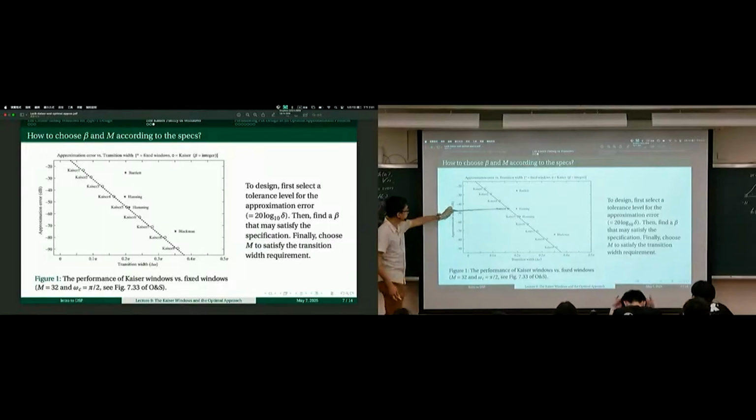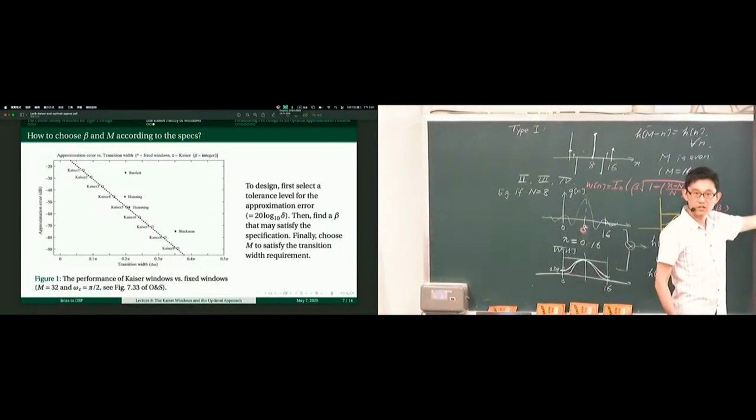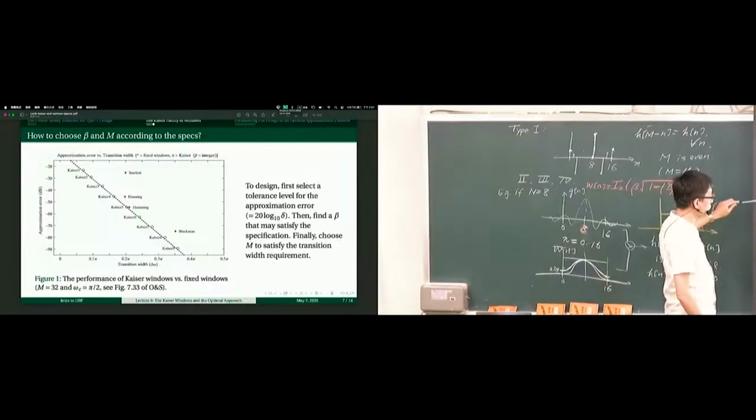Now it's pretty easy. My suggestion: draw a straight line to the right until minus 50 hits this dashed line. This is very useful.